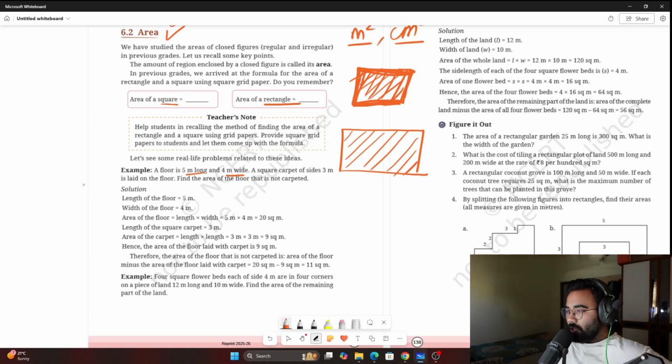All right, so a floor, let's say this is a floor. It is a rectangle, this is given in the question. It is 5 meters long and 4 meters wide. A square carpet of sides 3 by 3. Now this is a square. Okay, so let's say this is a square carpet.